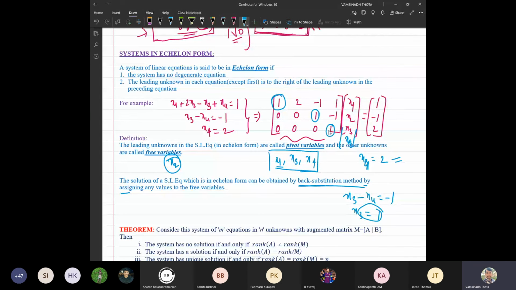So we have obtained x3 and x4. What is the next equation? The above equation is x1 plus 2x2 minus x3 plus x4 is equal to 1, so that means x1 plus 2x2 is equal to 0, basically, right?